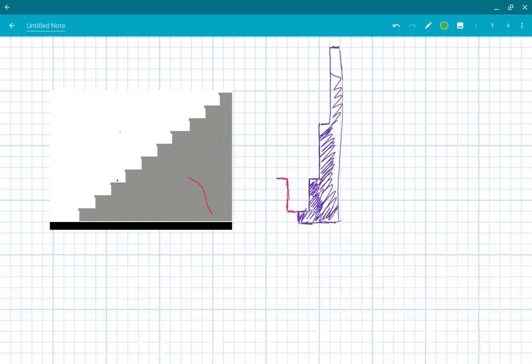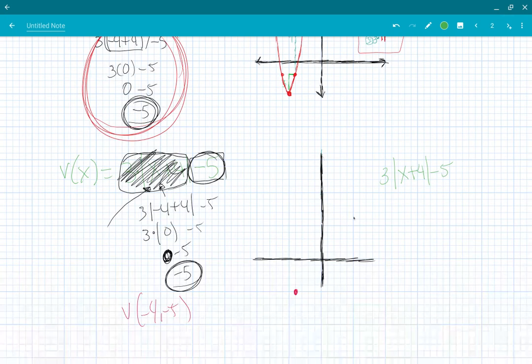Is it the same size steps, or are they like the quadratics that get bigger and bigger? Anybody? Well, let's find out, okay?